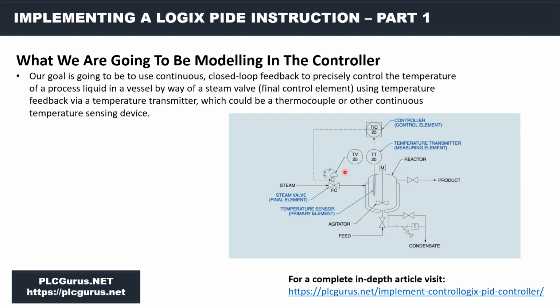And how we're going to be controlling the temperature of the processed liquid is using steam in the steam chamber to change or maintain the temperature via this steam valve. Okay, so again, processed vessel, processed liquid, thermocouple giving us temperature feedback, and then the controller is going to be outputting a value to vary the position of the steam valve to add or subtract more or less steam to maintain set point. Okay, so I hope that's clear.